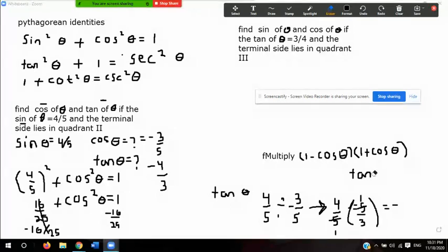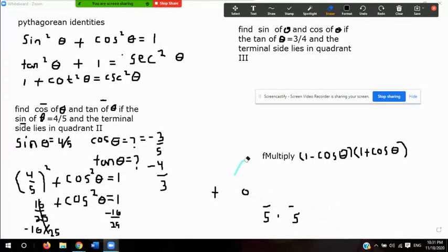To work on example number 4, which is very similar to example number 3. When we're working with the Pythagorean identities, we need to understand that sometimes we're going to have to also use the quotient identities.